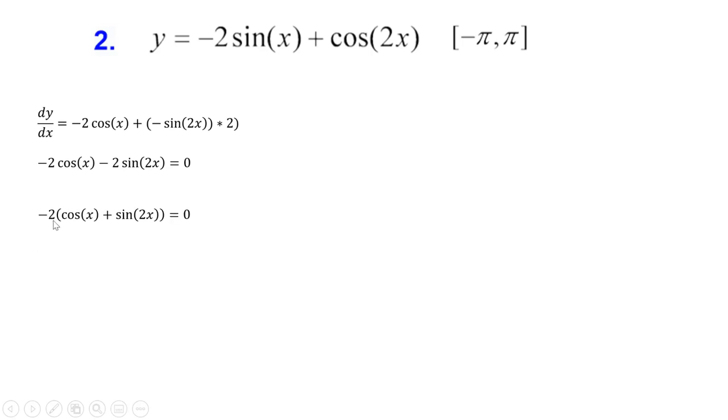It works out that you can factor out the minus 2, a common factor. And here's the thing that, again, you need to remember. Look at this term right here, sine of 2x. There is a trig identity for that. I can take you back to one of the first pages that we had.